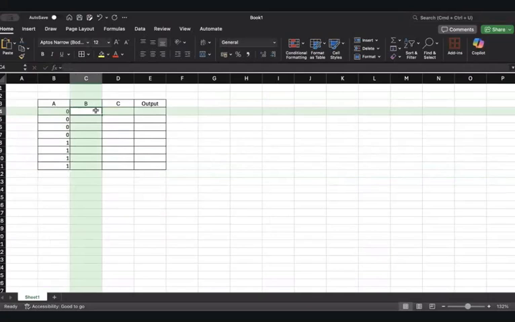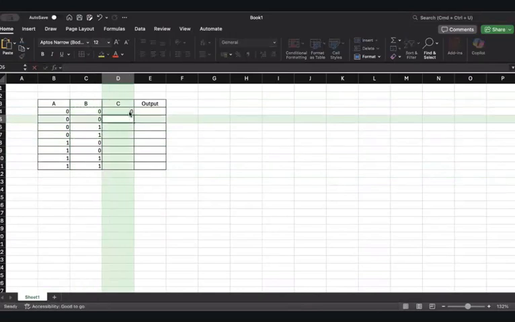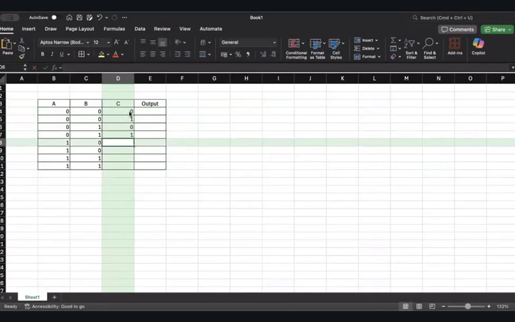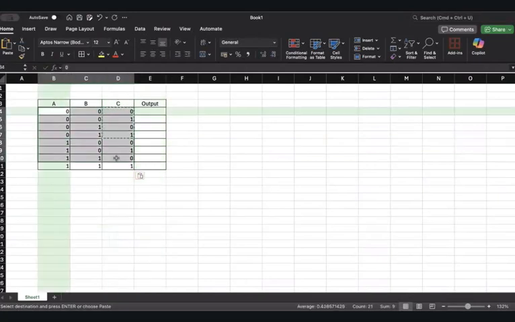So in this condition, it is going to be 0, 0, 1, 1. So this is going to be 0, 1, 0, 1. So now our truth table is almost there.